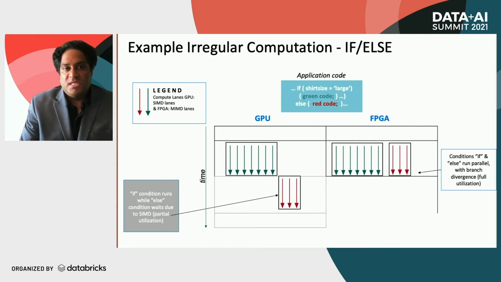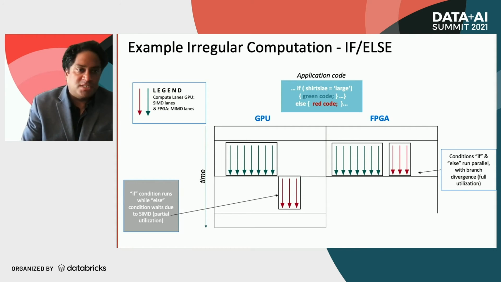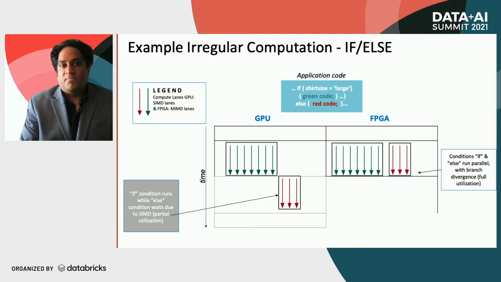And so you see that the entire computation is split up into sort of two epochs. Whereas on the FPGA side, because we can configure the compute lanes to do what's called MIMD, multiple instruction stream, multiple data, we can do them simultaneously if we have enough compute lanes. And that's another issue where the parallelism in the two cases varies.